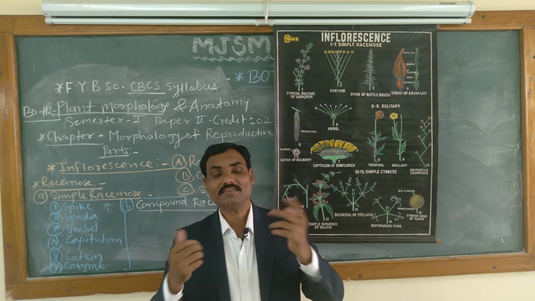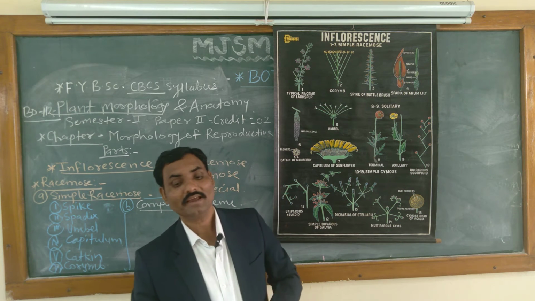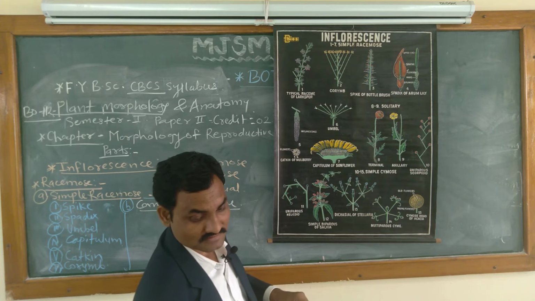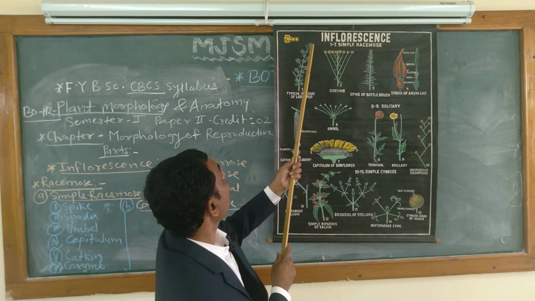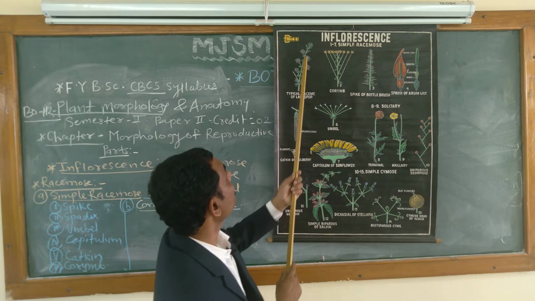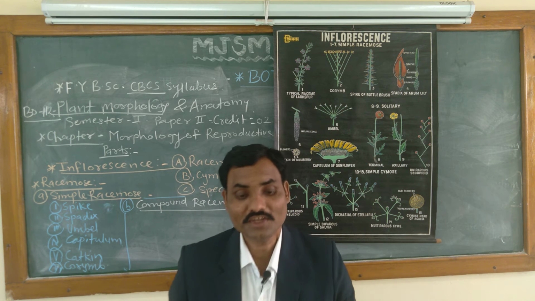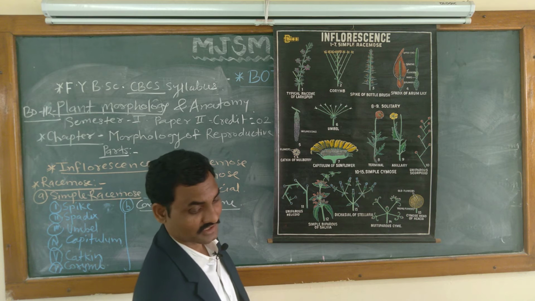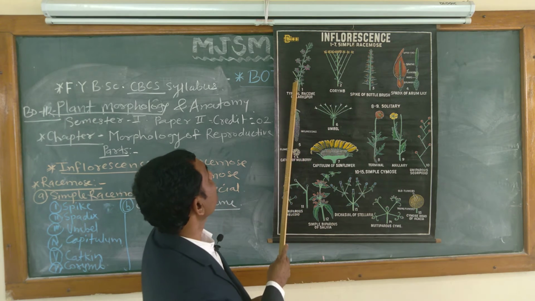Then what about simple raceme? The primary axis, that is the peduncle, is elongated. It is unbranched. Branching is not there.